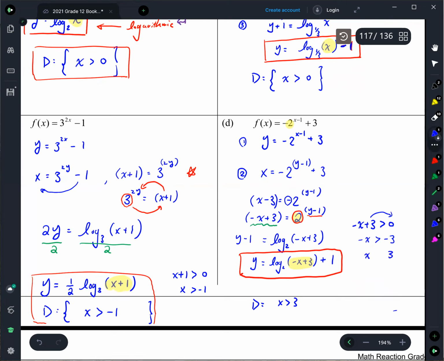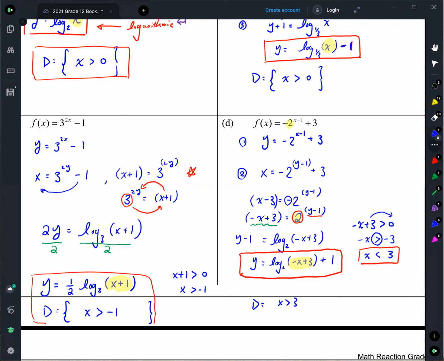When you divide by a negative, do you remember we need to do something with the inequality? Flip the sign. Yes, okay. So this is also very tricky, two tricks here. You need to flip the sign, so it should be x less than 3 to be the domain.